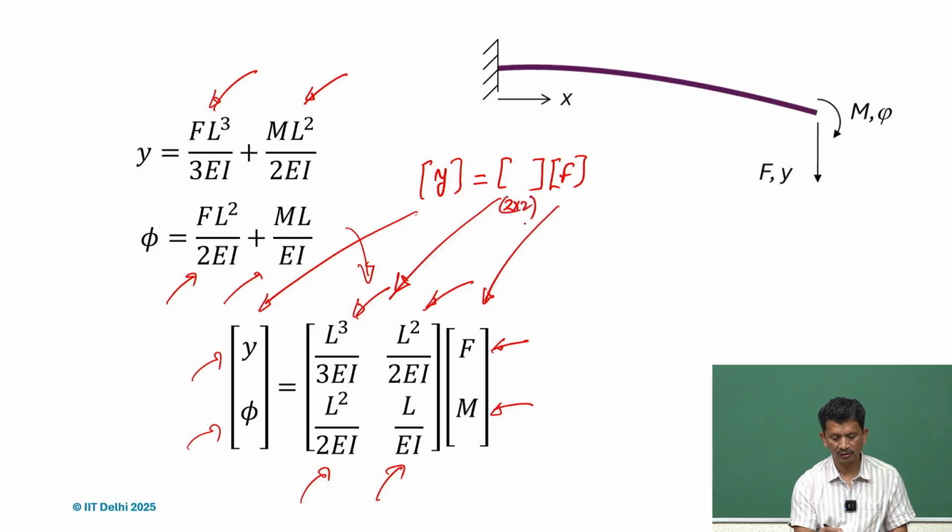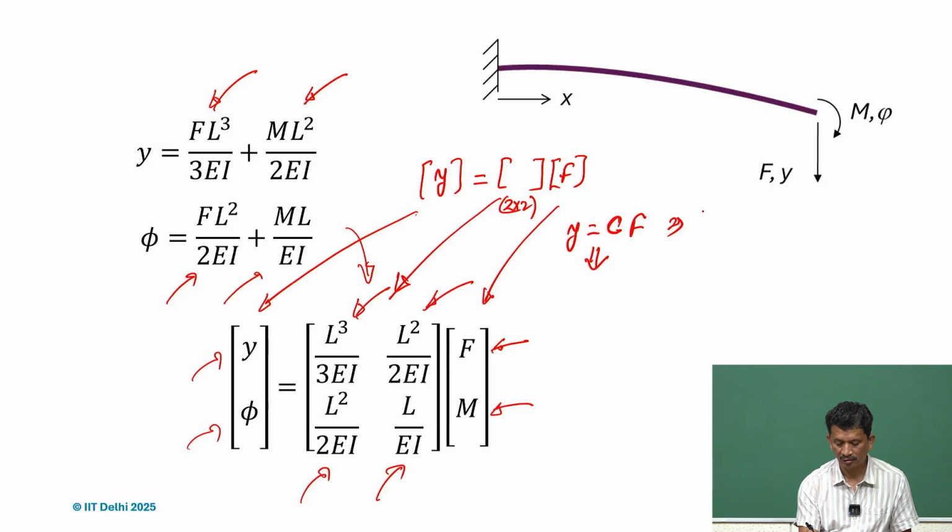If we simply write y equal to some matrix, call it C, then y by F is nothing but the compliance. So it's a compliance matrix.